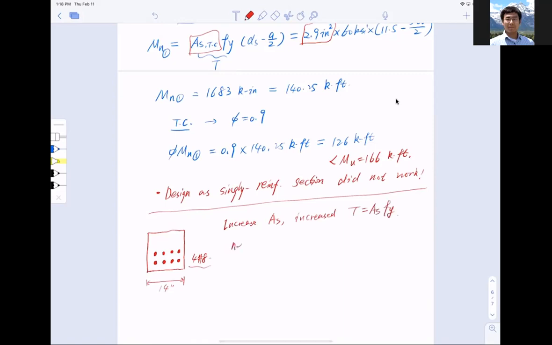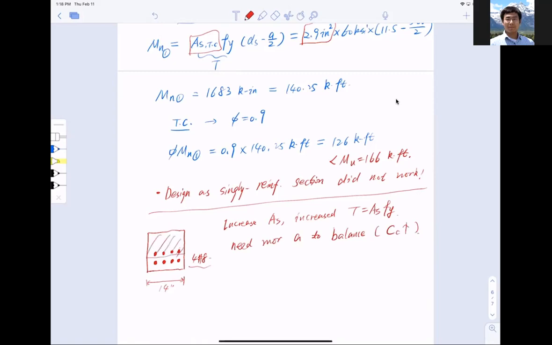But you need more A, the compressive zone, to balance, because the compression force C needs to increase as well. So you end up with a problem because now the compression force might cover the tension area.